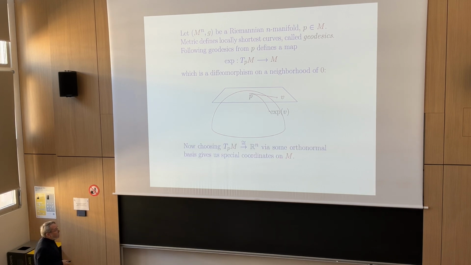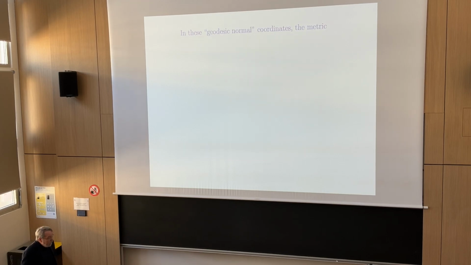And if you now choose an orthonormal basis for the tangent space of the manifold at the base point, then this is a way of constructing preferred coordinates determined just by the orthonormal basis and the Riemannian metric. These are so-called geodesic normal coordinates, and one interesting thing you can do is then pull back the metric and say, what does it look like in these special coordinates?